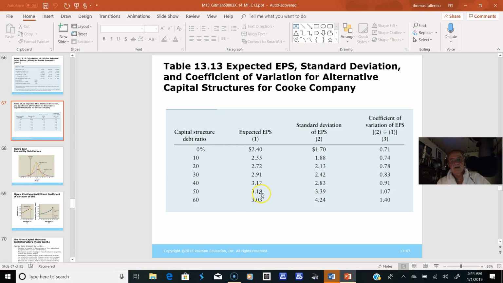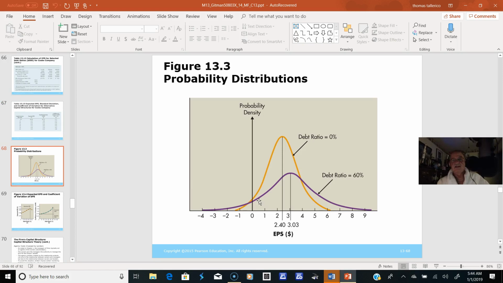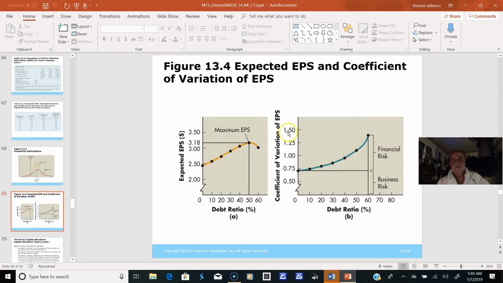Oh, you notice right here, I kind of missed telling you that. I'm sorry about that. Notice here how this dropped off. So your maximum is 3.18, and then you dropped off at 60. So you notice how this is coming down now. That reflects this curve right here. So you'll notice how your business risk is constant here, right? But your financial risk is going up, right? So you maximize at the 50% there.